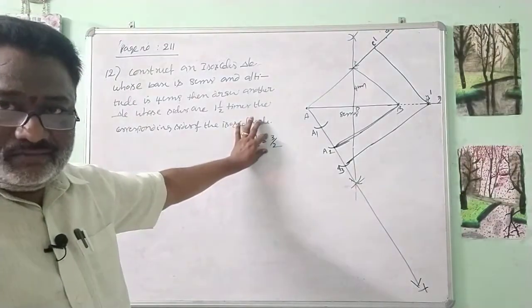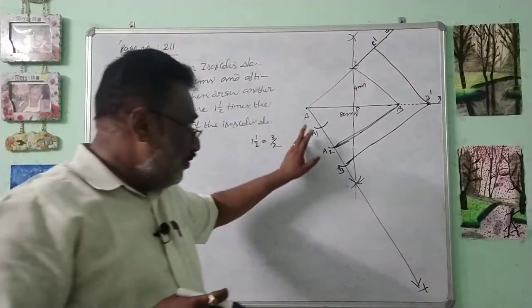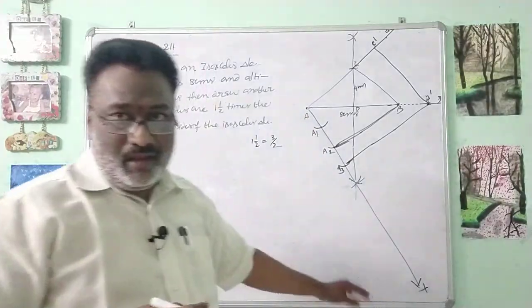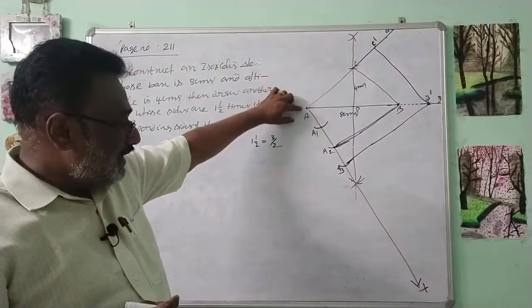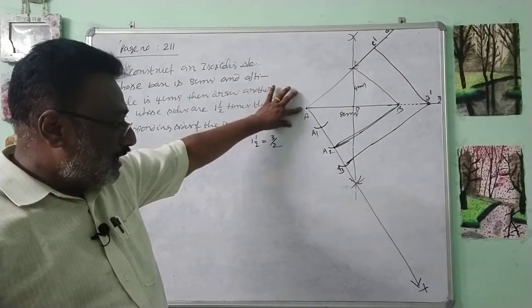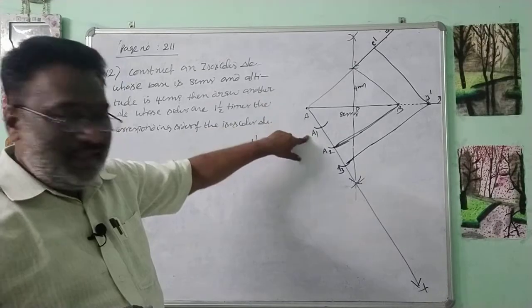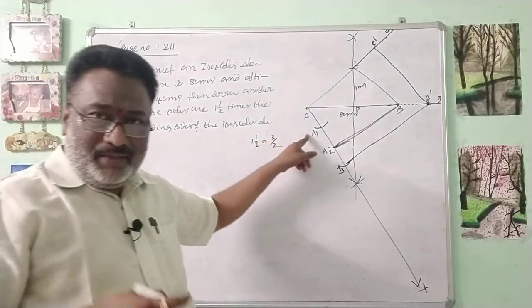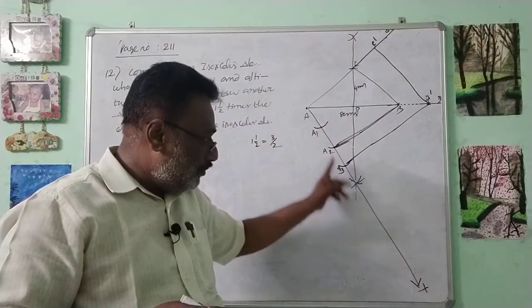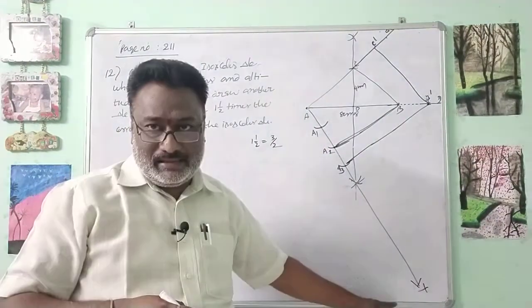You need to see 3. That means we need to make 3 equal parts on the ray AX. For that, by taking A as center and with a convenient radius, I draw an arc to cut the ray AX at A1. That same thing I am doing up to get 3 equal parts on the ray AX.